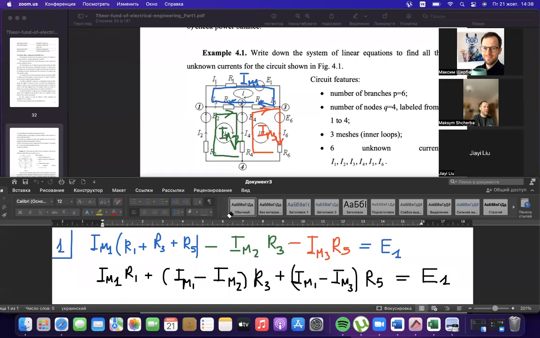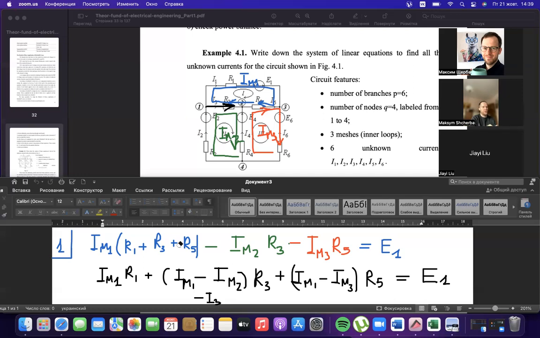And what does IM1 minus IM2 mean? It is just current number 3, but depending on the direction as we write it here. If we write first minus second, it will be minus I3, the real current.